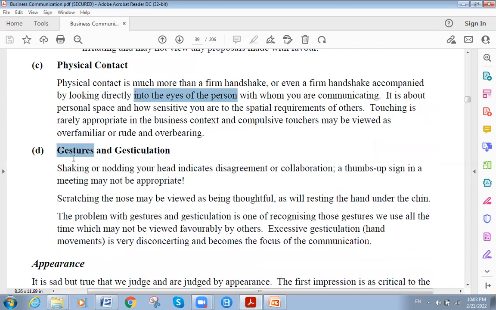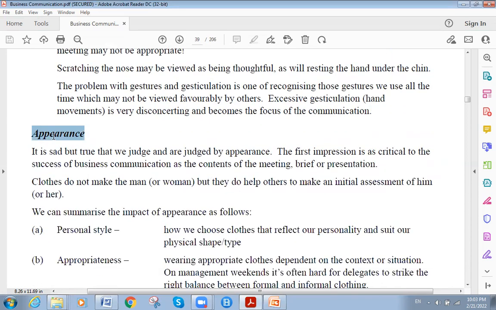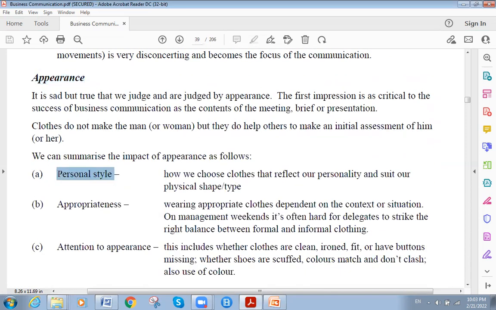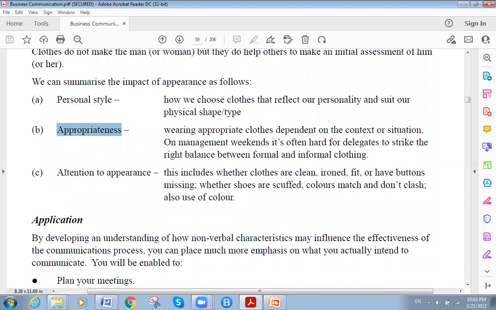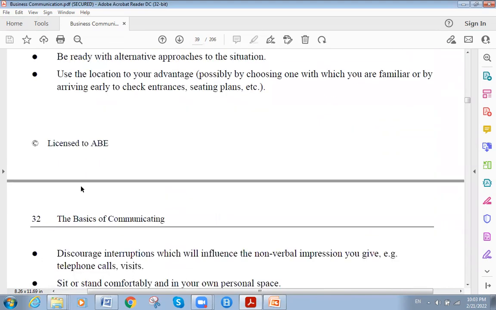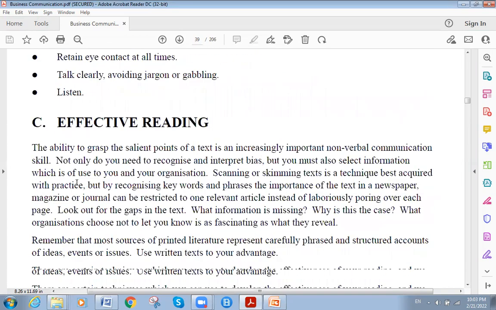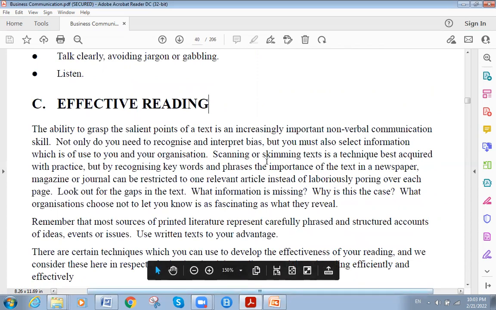Gestures also have a share here. The appearance also, your personal style, your appropriateness, your attention to appearance, all this affects how others perceive you.